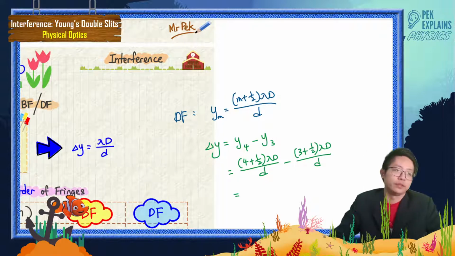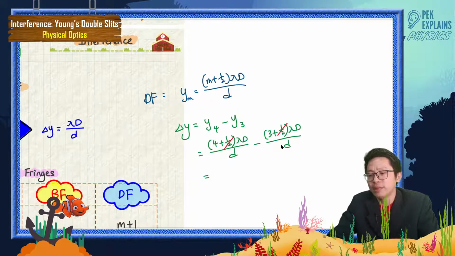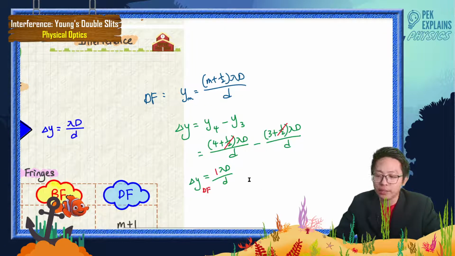What do we get? Of course, the half and half cancel out. In the end you still get 4 minus 3, so you still get 1 lambda D over d. The delta Y between the two dark fringes is still lambda D over d, the same as for the bright fringes.